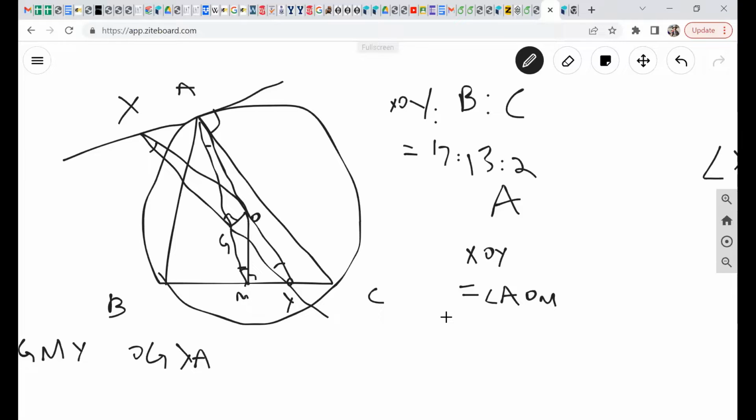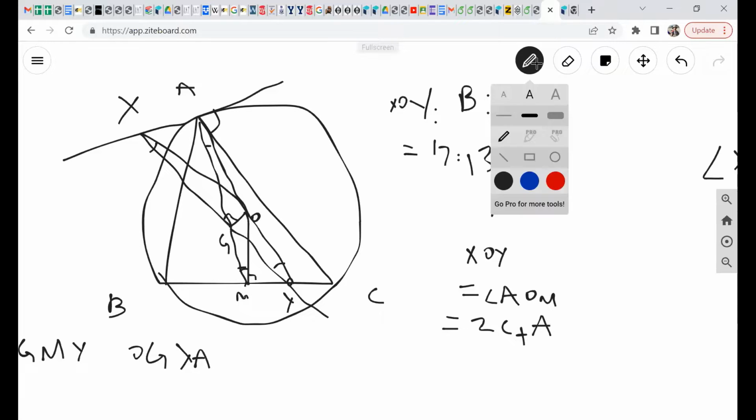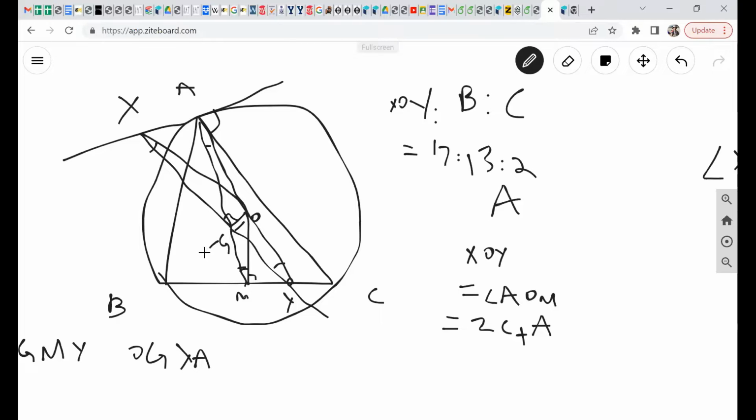And we'll show that this is equal to 2C plus A. And we can do this by drawing in line OB. So we can show that angle AOB equals 2C. And angle BOM is equal to half of angle BOC, which is equal to 2A. So angle BOM is just A. And so this is equal to C plus A, which is equal to 180 minus B.